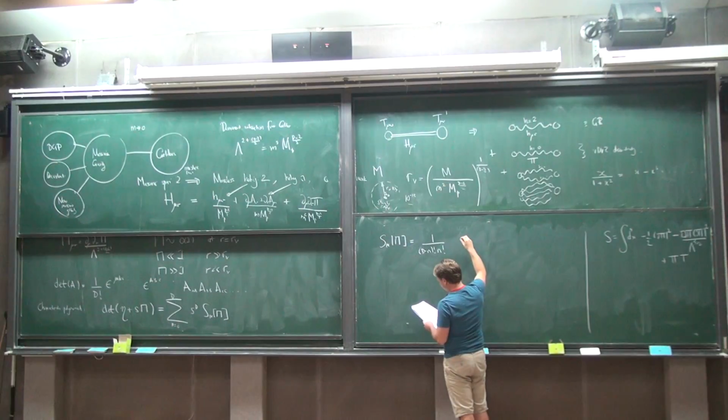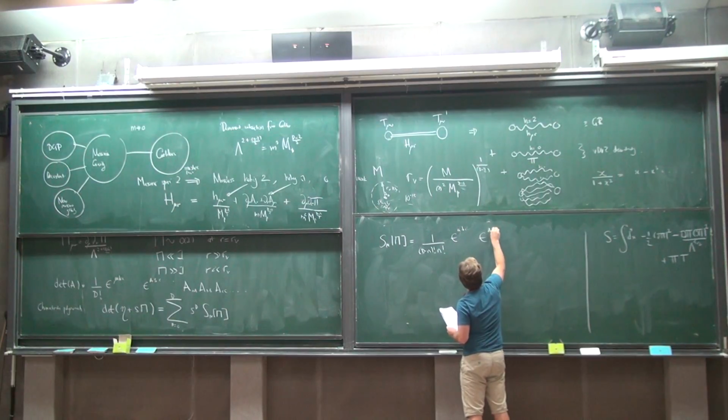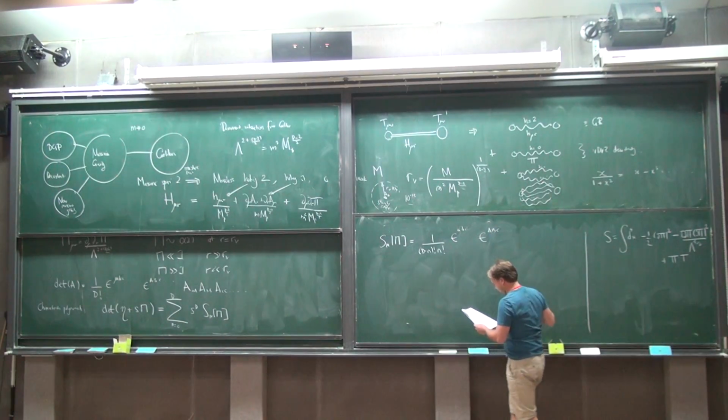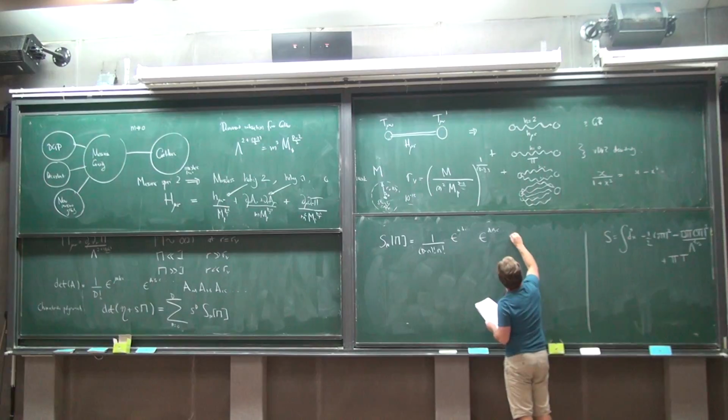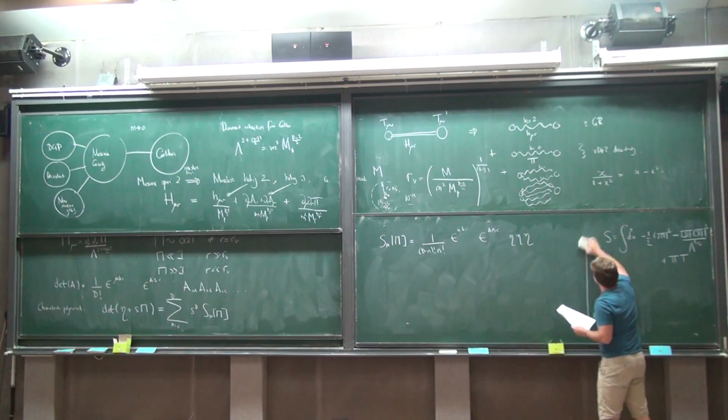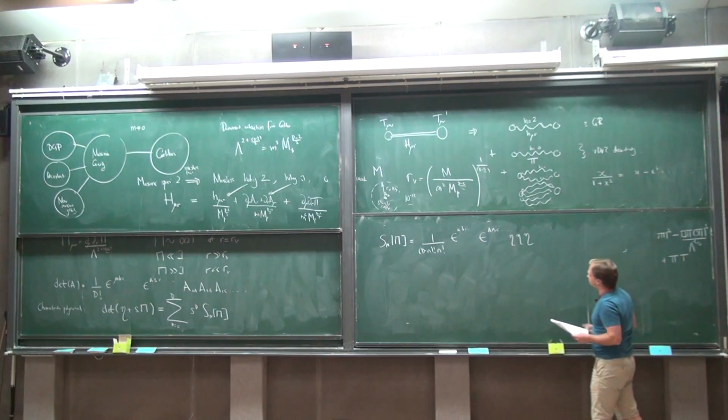And then you'll have epsilon a, b, c, d, and so on, epsilon capital A, B, C, D, and so on, and then you'll have various etas. Eta is the Minkowski metric, so I'm constructing this in Minkowski spacetime.